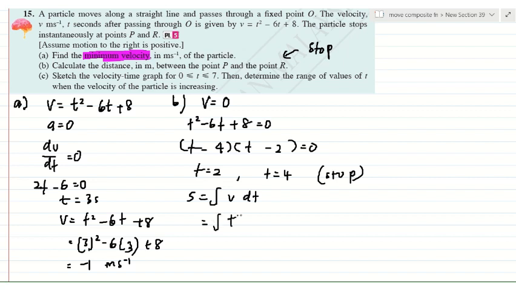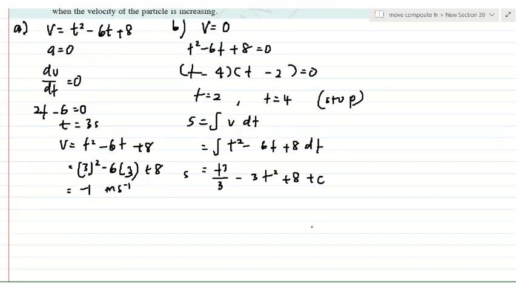Integration of t square minus 6t plus 8 dt is equal to t power 3 over 3 minus 3t square plus 8t plus c. This is the function of s, and we still didn't get the value of c. You have to remember that this is an indefinite integral, which has the value of c.